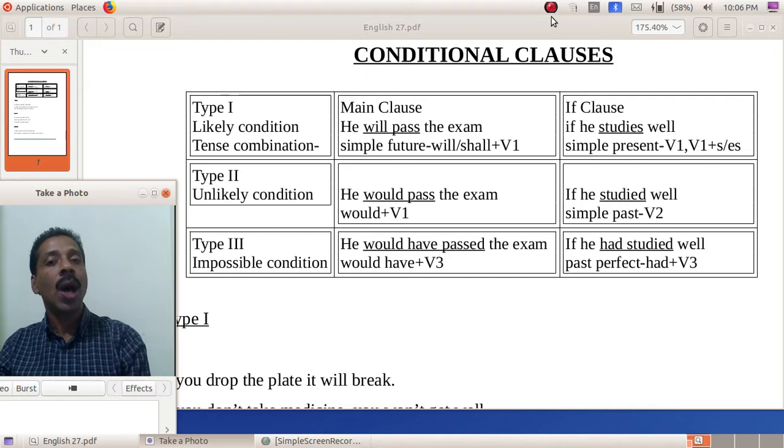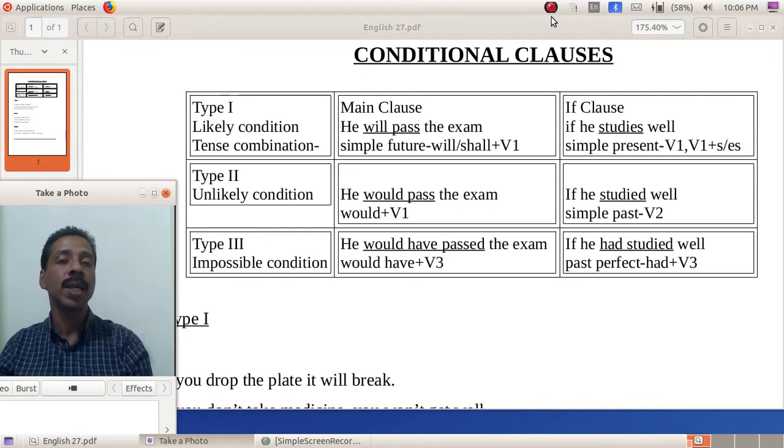So do you know how many types of conditional clauses we commonly use? Yes, there are three types of conditional clauses to express three different ideas. The first type, for convenience we call it type 1 conditional clause, which is also called likely condition.